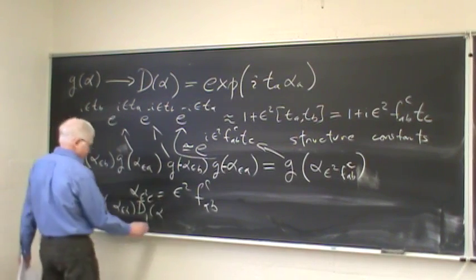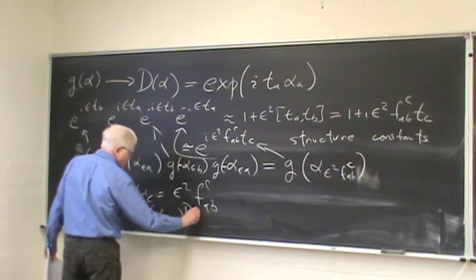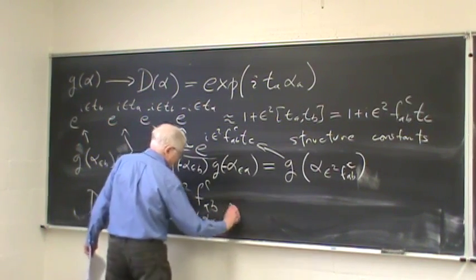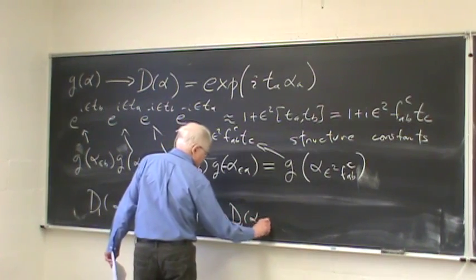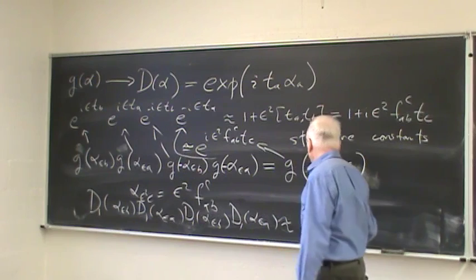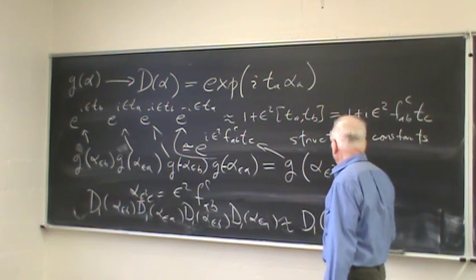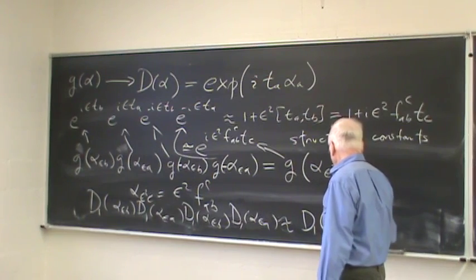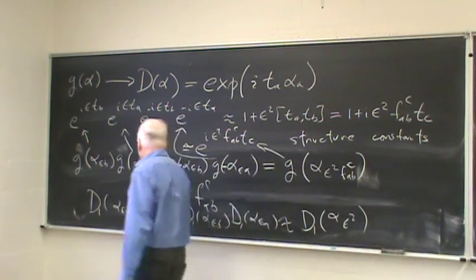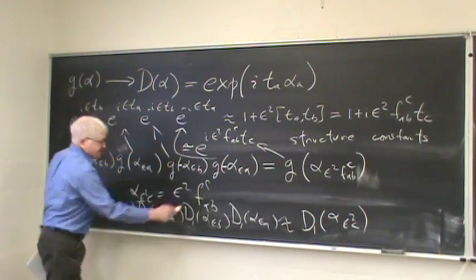Then we would have D1 alpha epsilon A, D1 alpha epsilon B, D1 alpha epsilon A inverse is approximately then D1 of alpha sub epsilon squared, and whereby alpha epsilon squared, let me put a C there. What I mean is this.